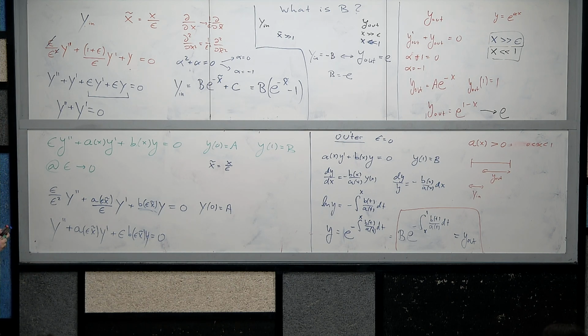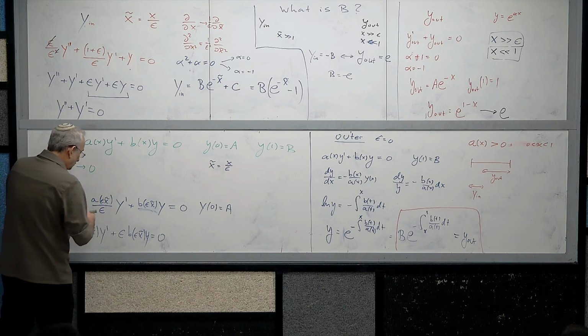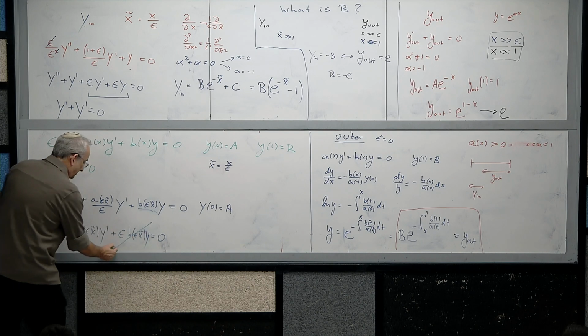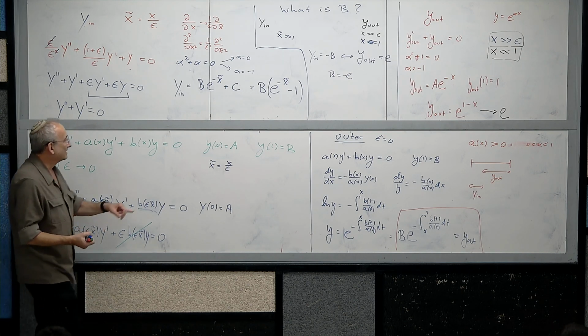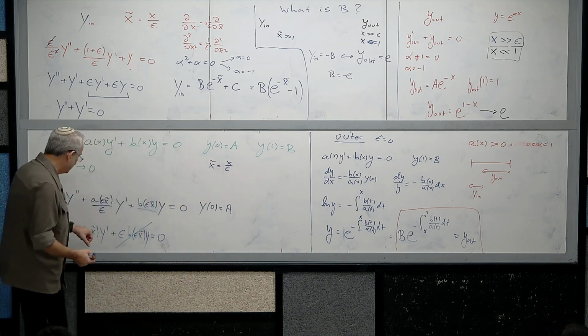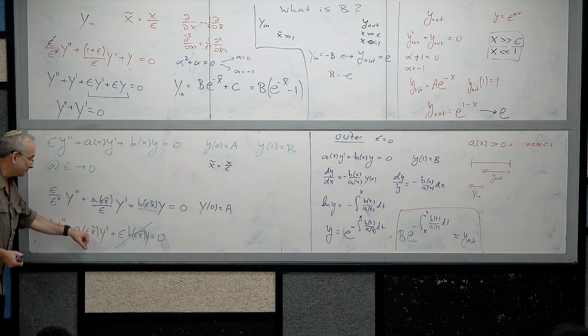So, first of all, I will implement the fact that epsilon is small, because x tilde is order 1. I assume that x tilde is order 1, and epsilon is still small, so I can do two things. One of them is to neglect this term, but I can have also another trick that will make my life much better. If x tilde is order 1 and epsilon is small, then this is a very small number.